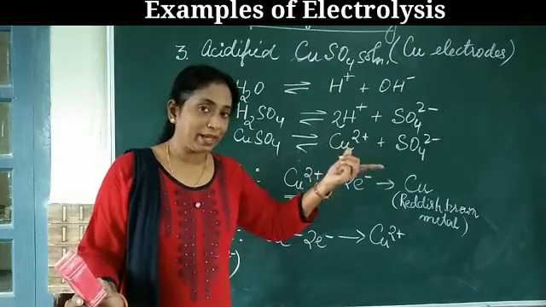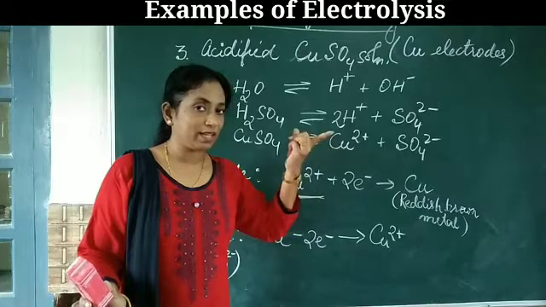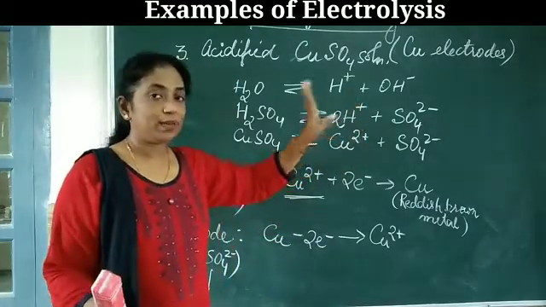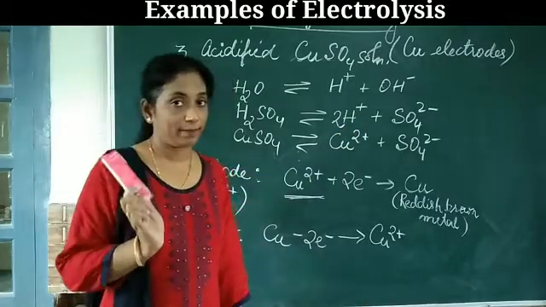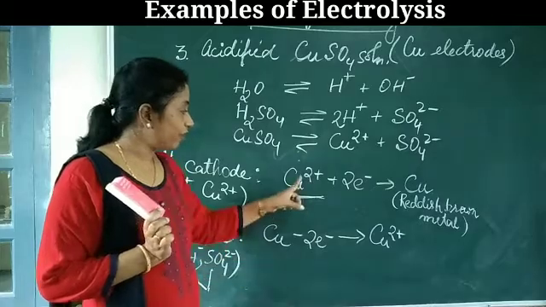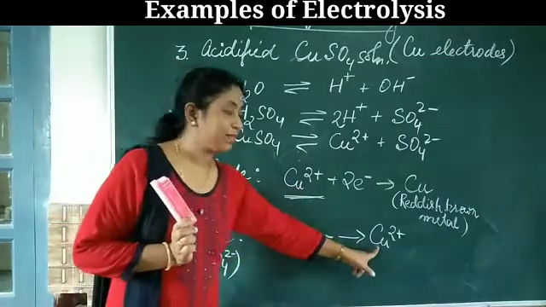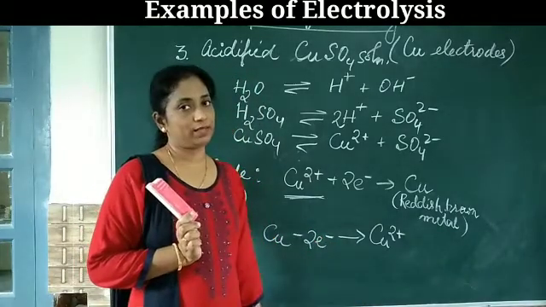When we use platinum electrodes, the copper sulfate solution's blue color will keep fading. But when you use copper electrodes, then the blue color will not fade. It will remain as it was in the beginning. Why? Because for every copper ion discharged at the cathode, one copper ion is being produced at the anode, which will get into the electrolyte.